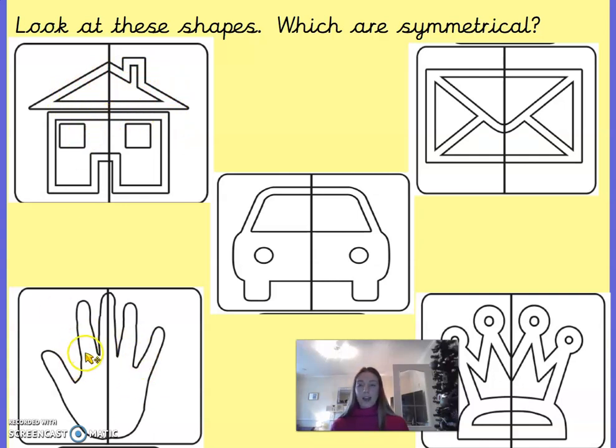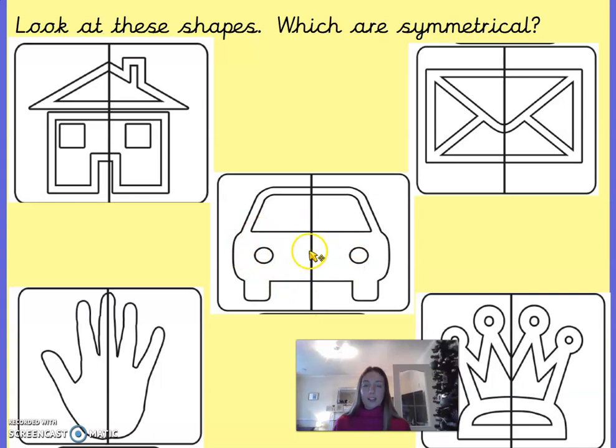How about the picture of the hand? If we hold up our hands, are they the same on both sides? If I cut it down, do I have a thumb on both sides and a little finger on both sides? No. So our hand picture is not symmetrical. Let's have a look at the picture of the car. I've got my vertical line of symmetry going down the middle, and it looks exactly the same on both sides.